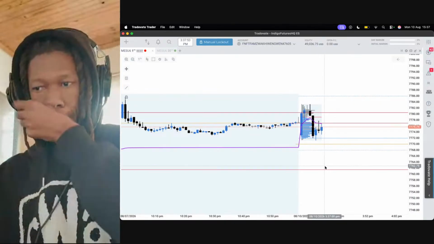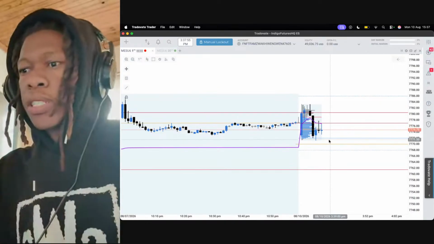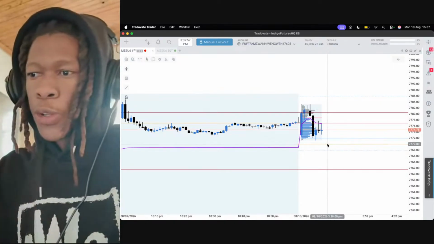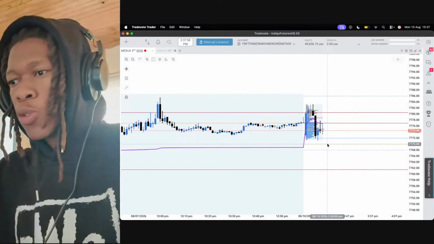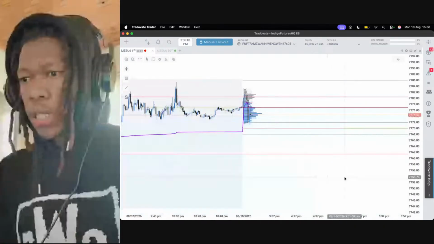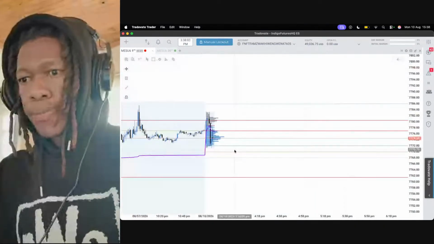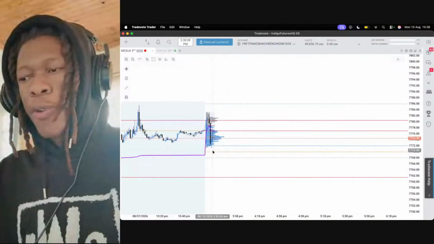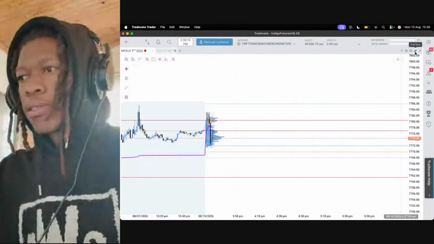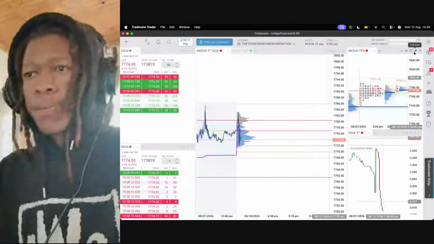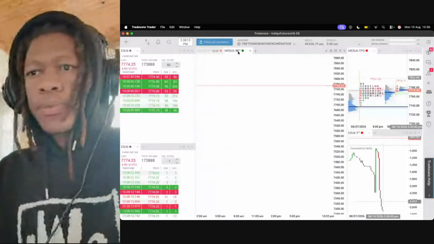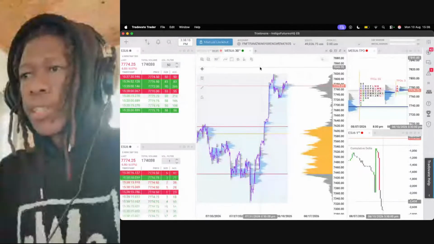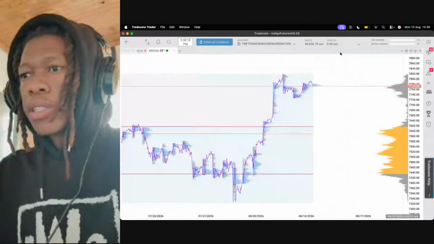But it does look like we could retest this, the previous week point of control. It could hold, right? This could act as some form of resistance, or support, not bad.